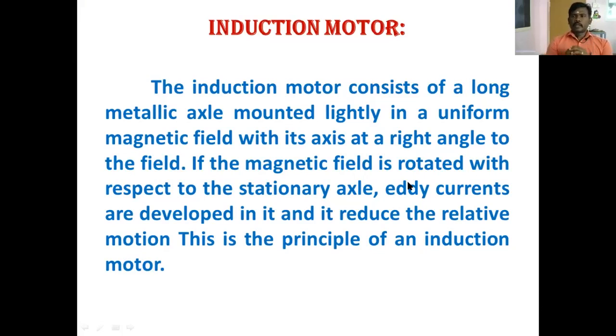So if you switch on the fan, initially the wings of the fan move very slowly because the eddy current opposes the motion of the wings. So that opposing force is greater, and that's why the wings move slowly at the beginning.